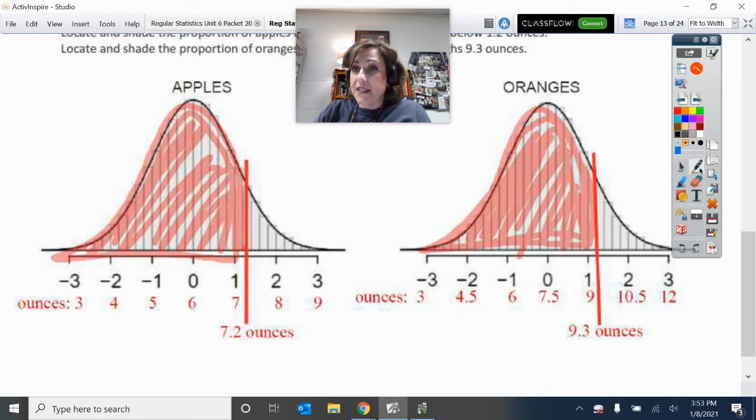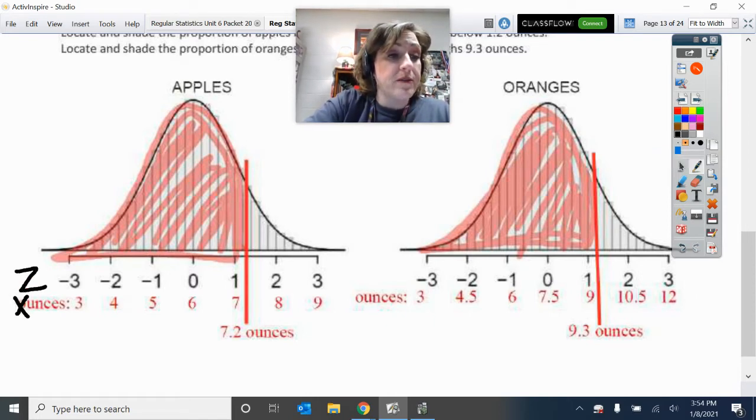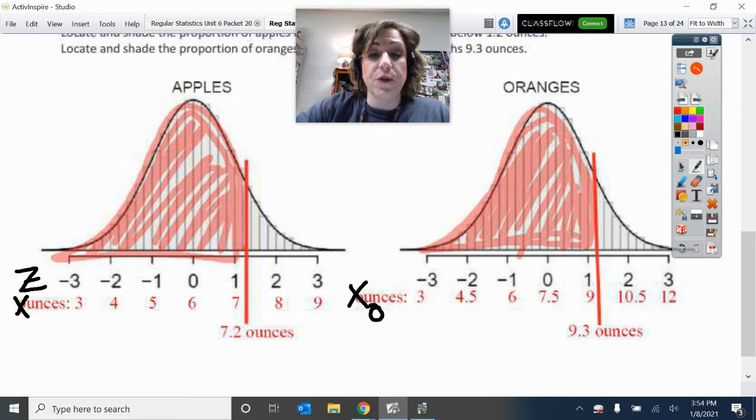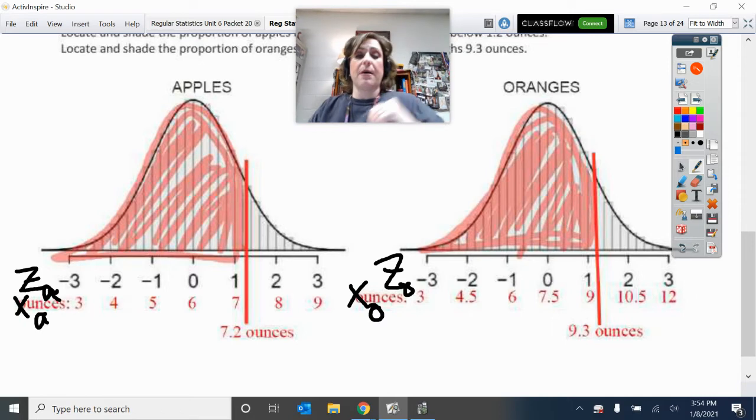Remember, we're really focusing on knowing our variables: our context are those x values, and our number of standard deviations are those z scores. So here is the context and the z-scores for the oranges, and here was our context and z-scores for the apples.